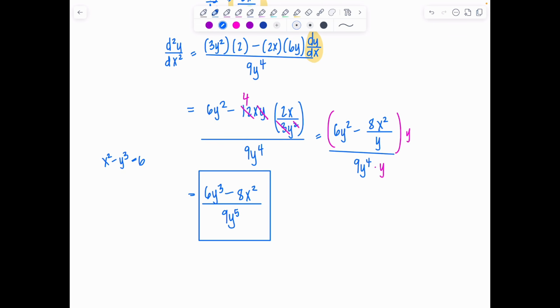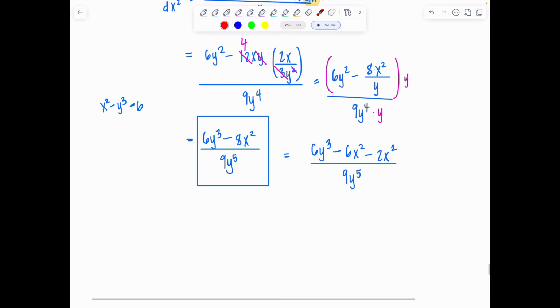Sometimes you'll see an x squared minus y cubed pop up, and then you could just replace the whole thing with the 6. I'm going to kind of force it to happen. I'm going to make this 6y cubed minus 6x squared minus 2x squared over 9y to the 5th. Do you agree that's still equivalent? This is negative 8x squared. I did that though, so I can factor out from here now a negative 6.